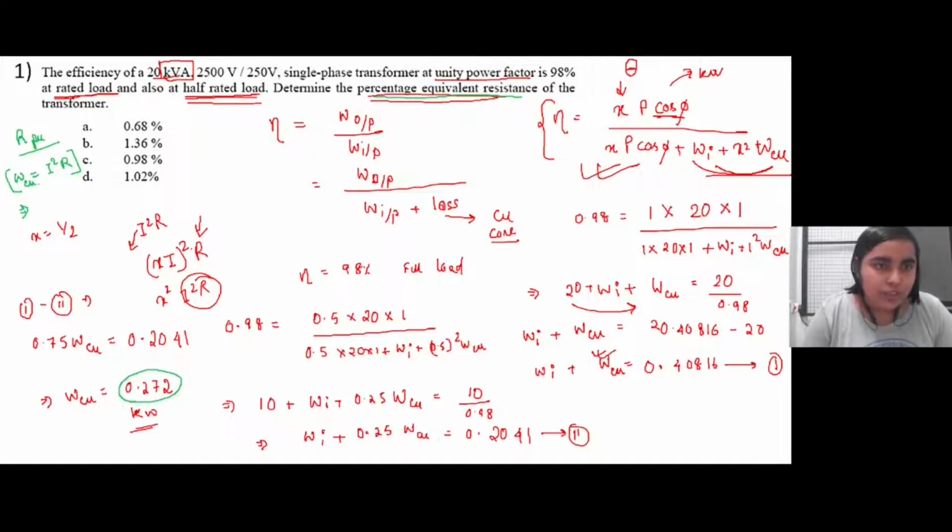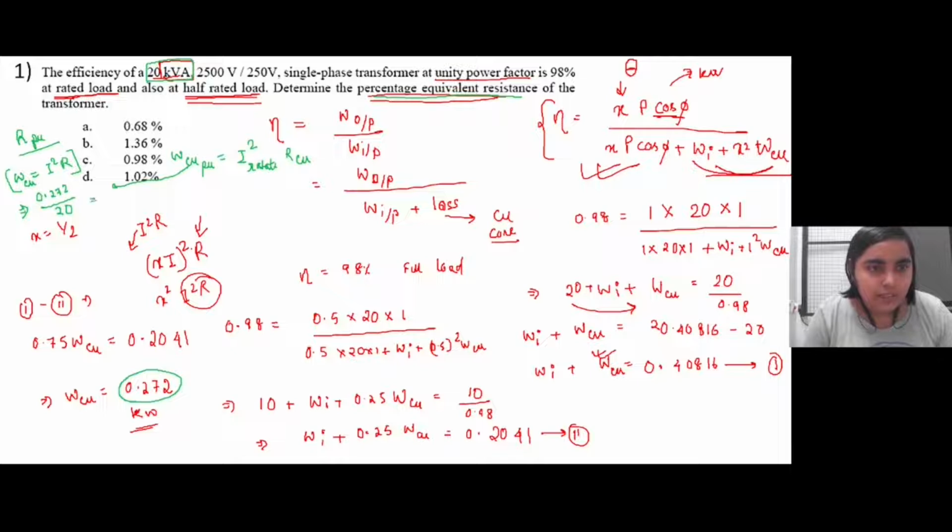So if we write it in terms of per unit, it will be 0.272 divided by the rated power of the transformer, which is given as 20 kVA. So this is just calculating W copper per unit equal to I square, the rated one, times RCU. We are just putting it here.